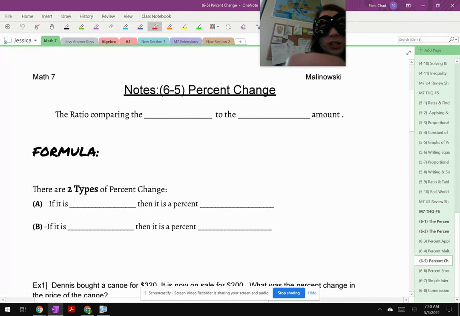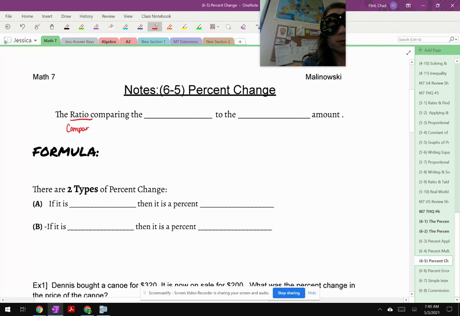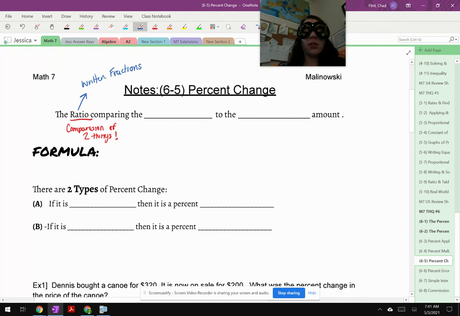So percent change is just a ratio, and remember, a ratio is just a comparison of two things. And remember, when we're talking ratio, we want those written as fractions because we're like adult-ishes now, and fractions are cool.